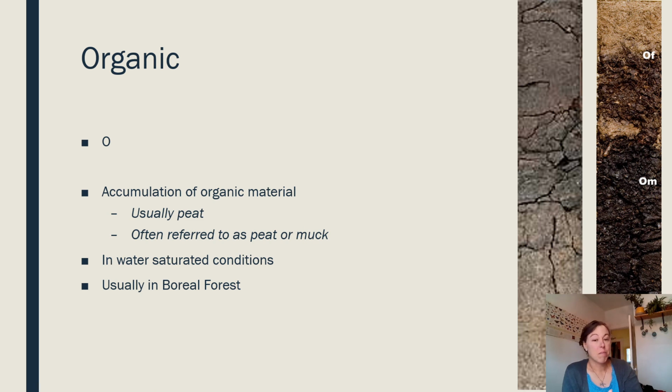Organic soils are when we have accumulation of organic material, usually in a wet area, mostly made of peat or muck. This is really common in the dips of the boreal forest. A defining feature of a lot of the boreal forest in Canada are these rocky soils, rocky substrate where you get these dips and you'll get isolated and palustrine wetlands.